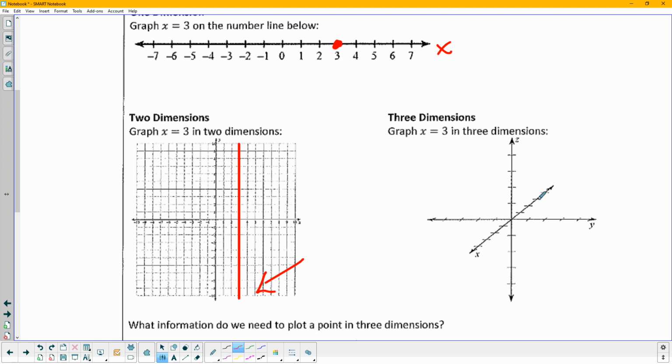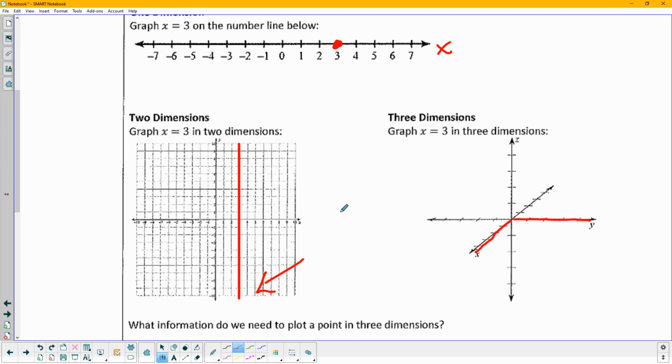To where my positive x values are out here, my positive y values are now this way. And so when we do that, we give ourselves the idea of length and depth. And then the z-axis becomes our height.